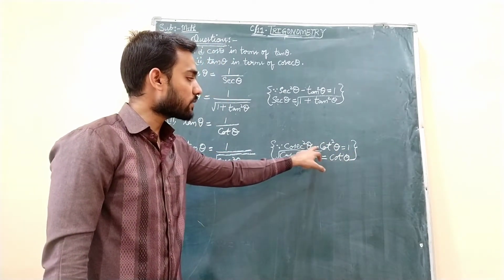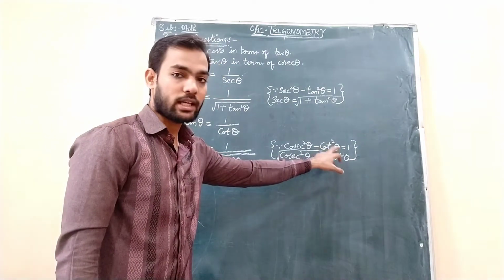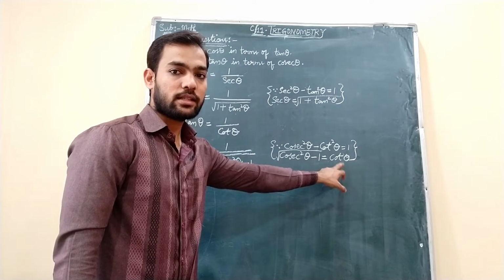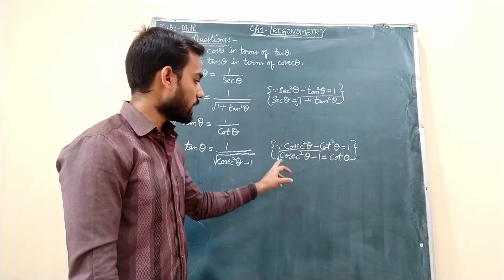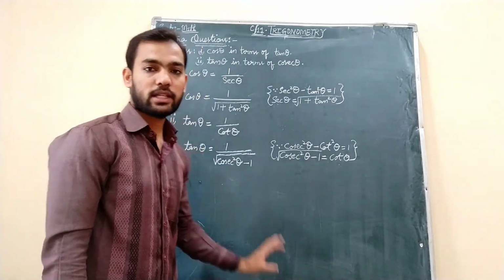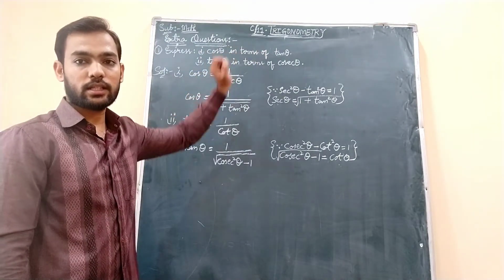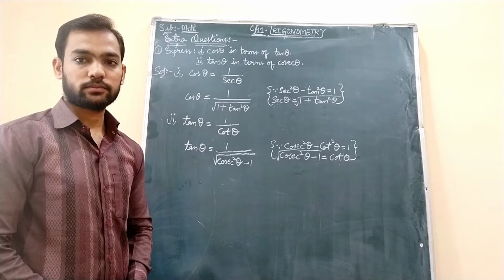So I got minus 1 and this minus becomes positive. But for this cot theta, square was there. I have not written square this side along with cot theta, which means this square I want to write over here. So it will become under root over cosecant square theta minus 1. So we have changed both the ratios as instructed in the question. Note down this one, then we will do the next extra question.